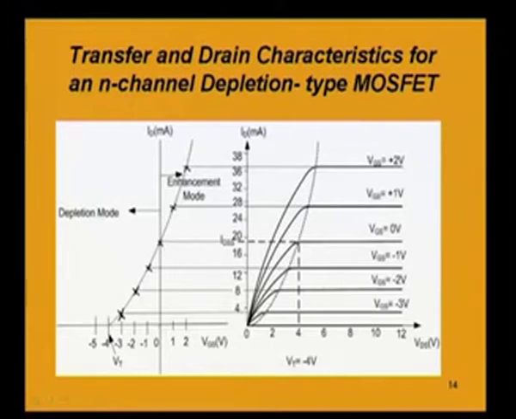Here VGS is equal to 0. So, to the left the MOSFET is under depletion mode of operation, and to the right of 0, when VGS is positive, this is under enhancement mode of operation. So, from these figures we now have a clear idea how the transfer characteristic can be obtained, and that is shown on the side of this VI characteristic or the drain characteristic for easy understanding.